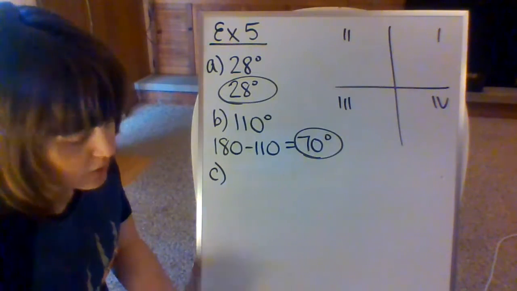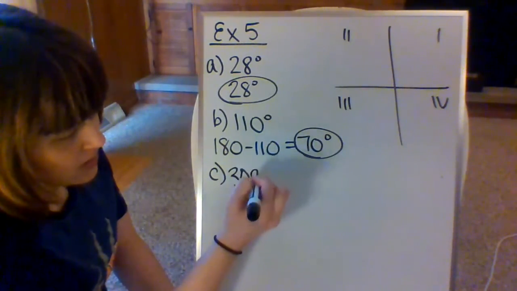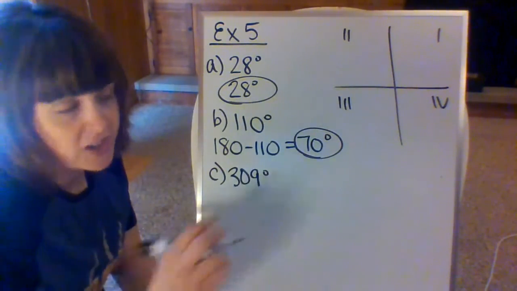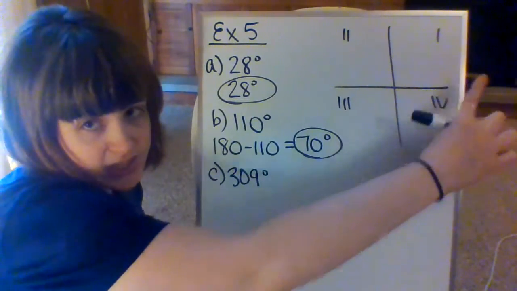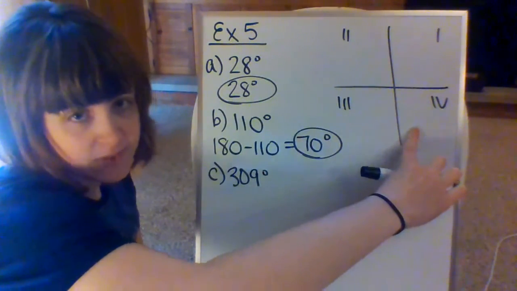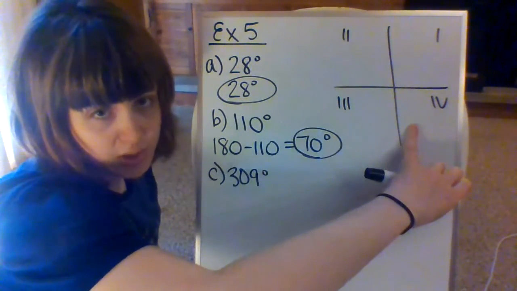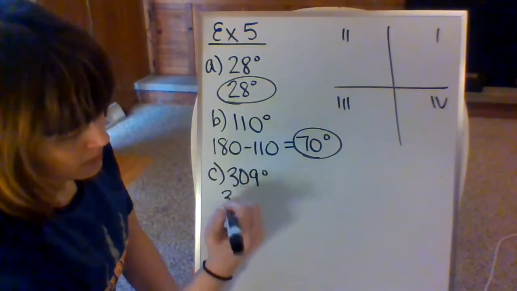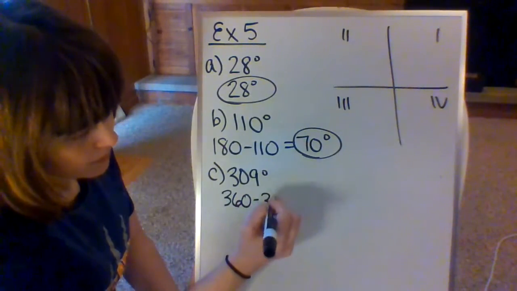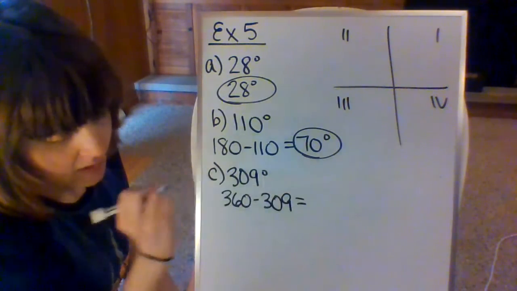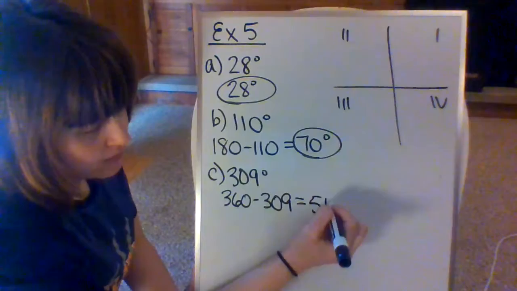Alright, part C, 309. 309 degrees is between 270 and 360. It's in quadrant 4. So to find its reference angle, we're going to take 360 minus 309. And that equals 51.